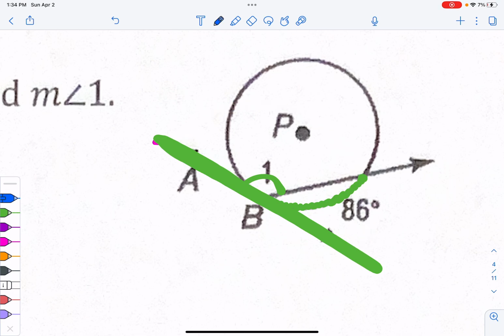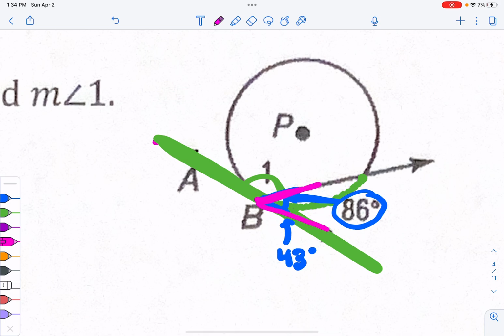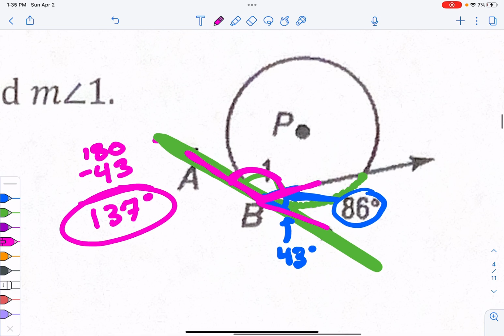So what I could do is I could say, okay, if this is 86, then this little angle right here has to be half of that, right? And half of that is 43 degrees, okay? So if this is 43 right here, then this angle would have to be 180 minus 43. And that is going to be 137 degrees, okay? So this angle 1 is 137.